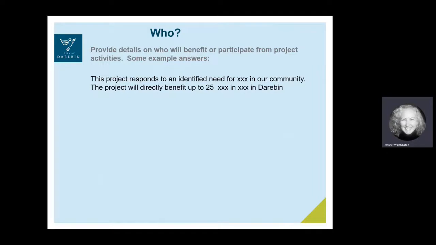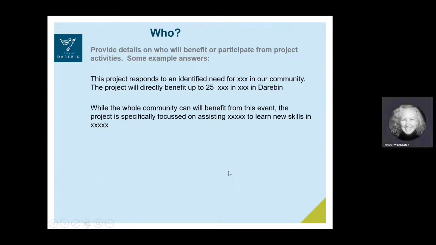The project will directly benefit up to 25 people in which suburb of Darebin. While the whole community will benefit from this event, the project is specifically focused on assisting this group of people to learn new skills in the activity you're planning to do.